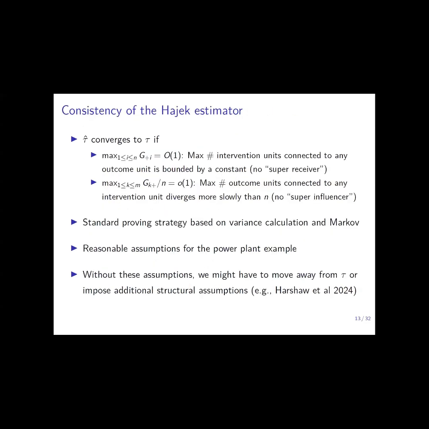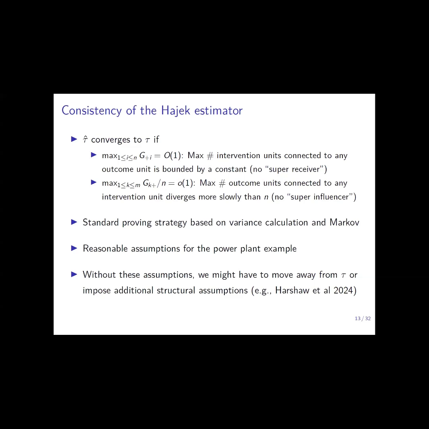First, the consistency of the Hajek estimator. Tau hat converges to the total treatment effect tau if we have two conditions. You won't be surprised by the conditions if you read them. The first condition says for outcome unit i, G plus i is the number of intervention units connecting to outcome unit i.